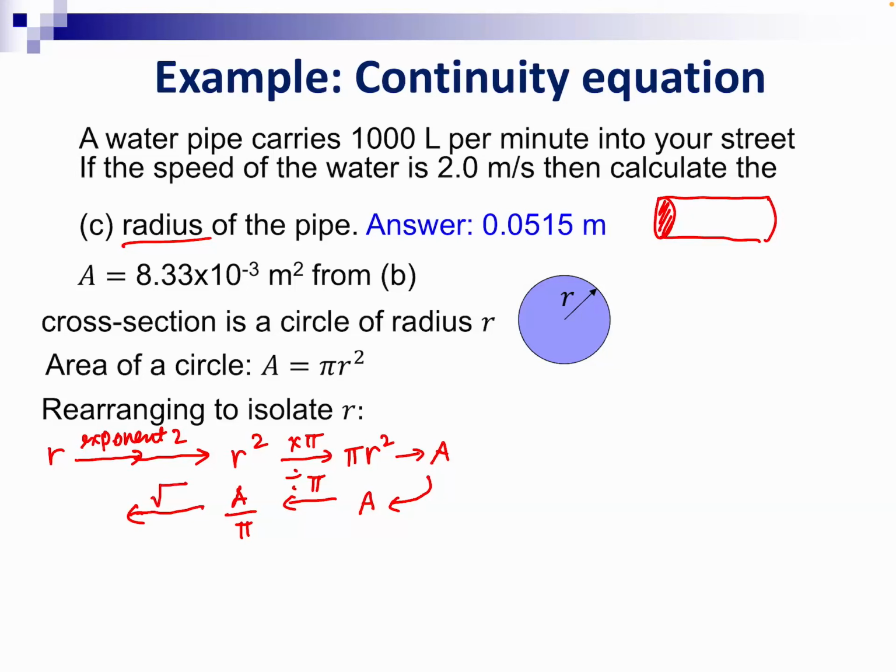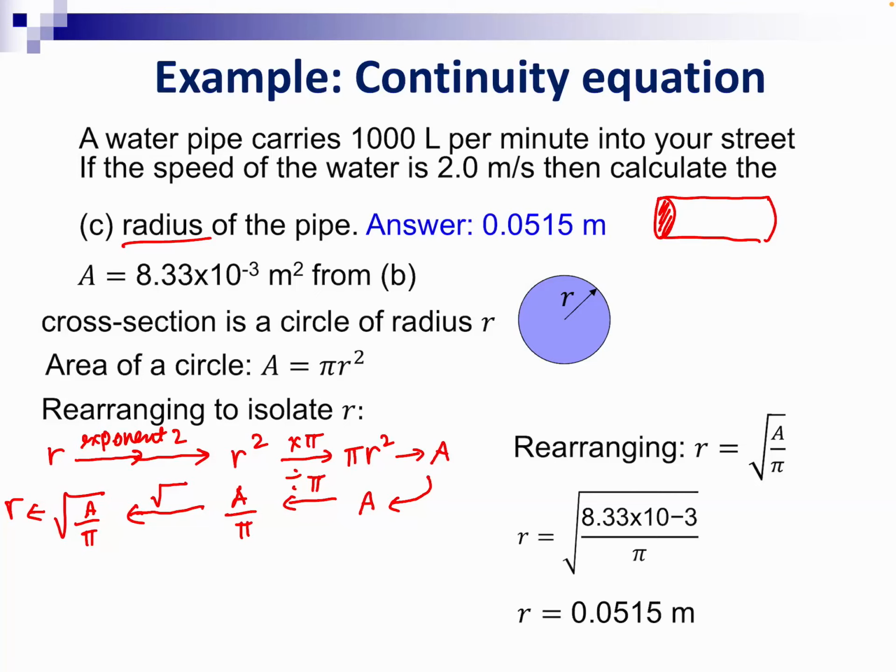So you have the square root of A over pi. That leads you to r, which is what we want to isolate. Cool. Good. All right. So then we know the area that was solved from before. And apologies for this, this should be a superscript -3, divided by pi. Get the square root, that gives you the radius.